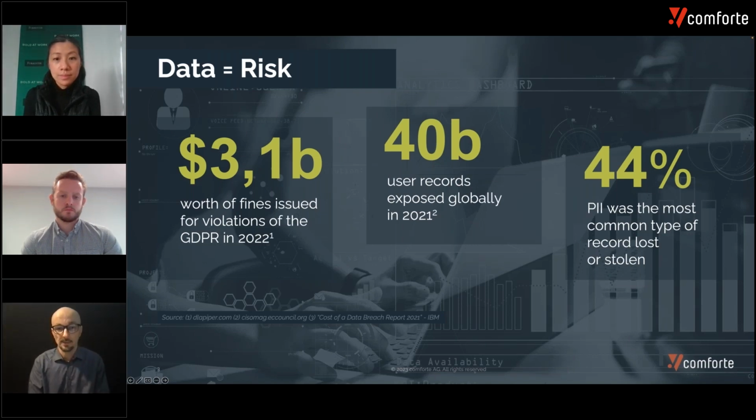Last year alone, there have been $3.1 billion worth of fines issued against organizations for violations of the GDPR, which is more than double than a year before. In 2021, 40 billion user records were exposed globally, and PII, which is, of course, personal identifiable information, was the most common type of record lost or stolen. It was included in 44% of all breaches.